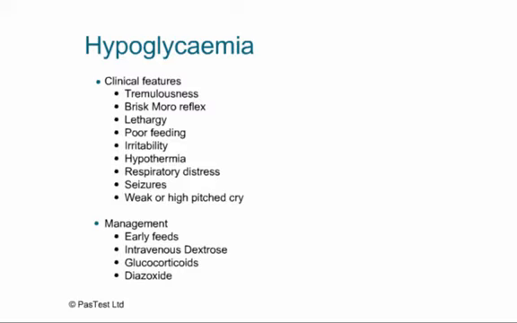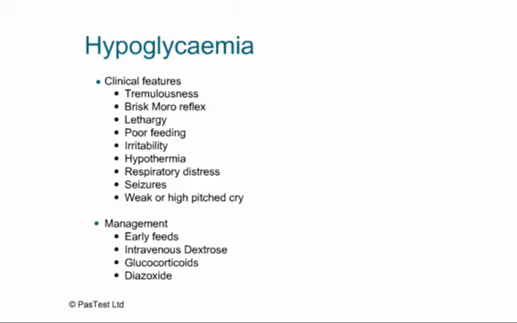As I mentioned earlier, hypoglycemia can be asymptomatic, and it's important to screen and manage babies who are at high risk. So infants who are born prematurely and those who are small for gestational age should be commenced on oral feedings shortly after birth, if at all possible.